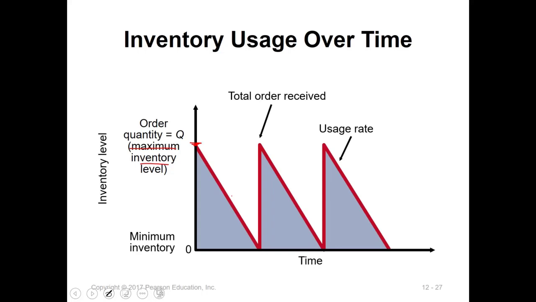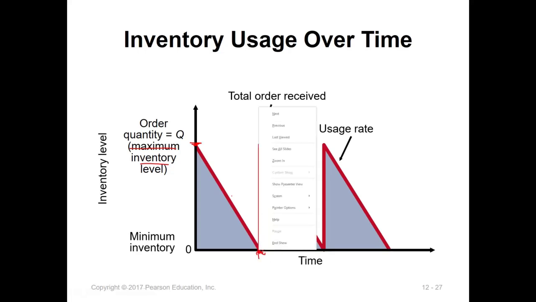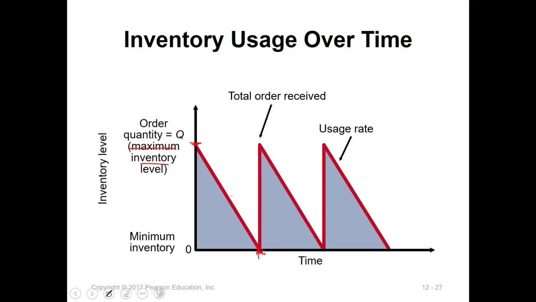So you receive the order, and receiving the order is immediate. There is no time interval over here. So this is the lead time. The usage rate is linear, so it is a linear line.